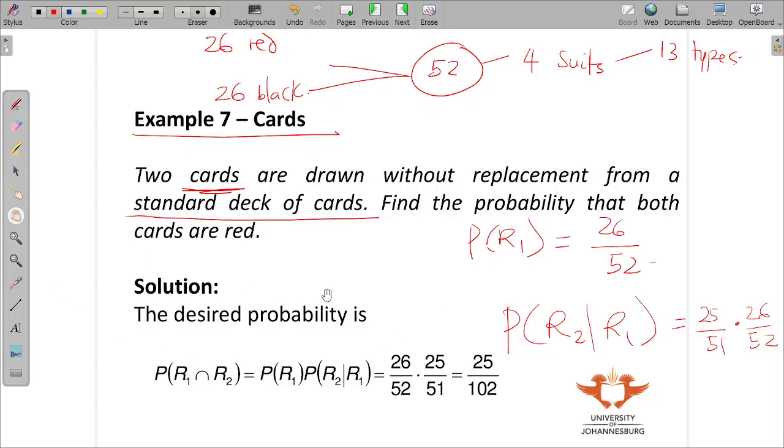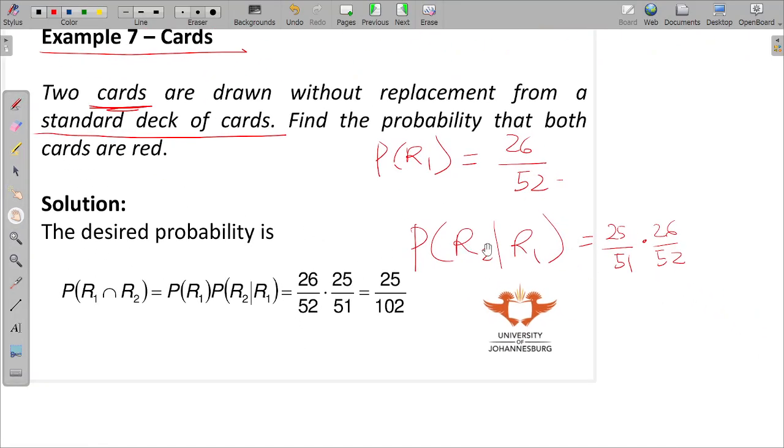Okay, that is the probability of choosing both red. Find the probability that both are red.